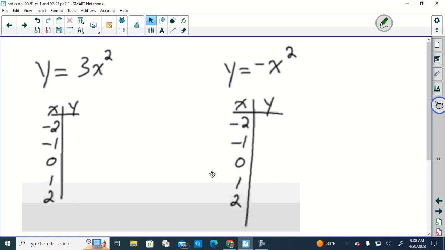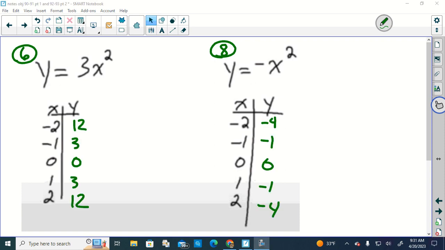The first one is number 6, because we're going to look at what it looks like, and then you're going to try it without doing a table of values, and this will be number 8. Number 7 will be coming up. If you need to give yourself some space, I probably should have been telling you that on the previous ones. So this is number 6. Plug in your values for both of these, and also do it for this one. I'm going to pause the video, so you might need to do that as well.